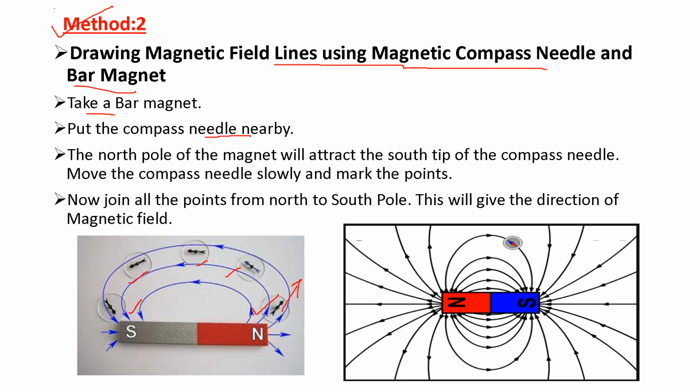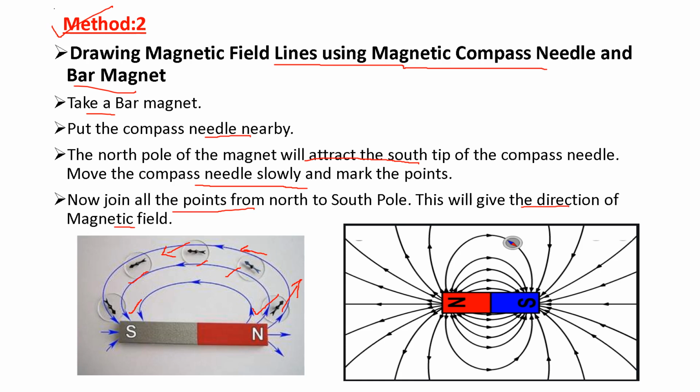On moving the compass needle slowly, we mark all the points and the direction where the needle was pointing. Suppose it was pointing in this direction, then at this position it is pointing in this direction. On joining all these points, we will get a pattern which gives the direction of the magnetic field lines.